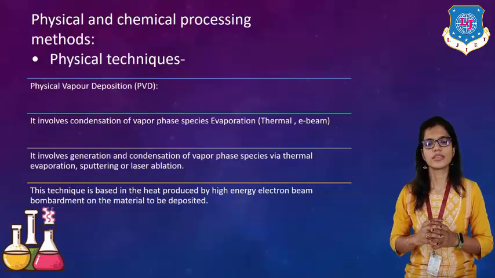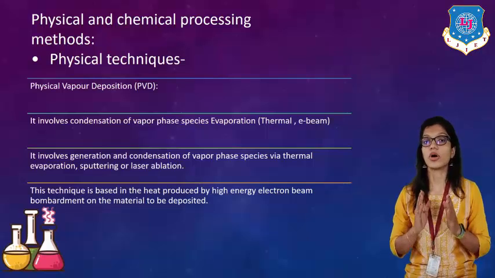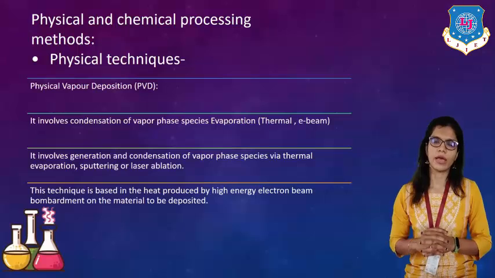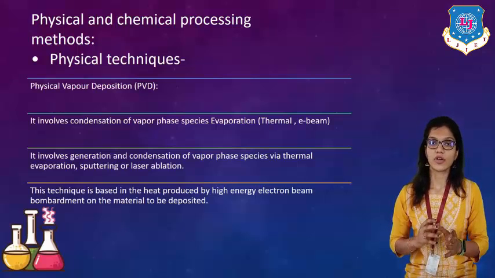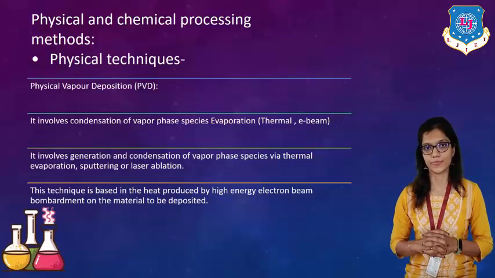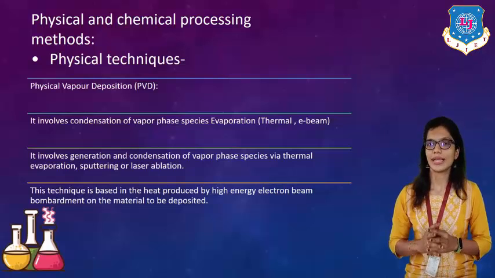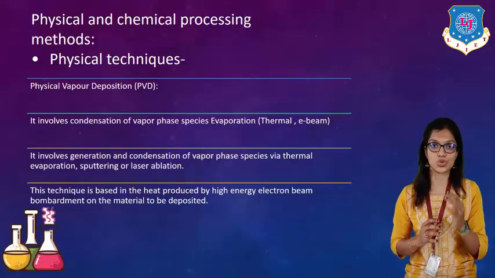It involves the generation and condensation of the vapor phase species via thermal evaporation, sputtering, or laser ablation. We can use an electron beam, we can use certain kinds of thermal sources, or we can use laser ablation. It depends on the technique you want to use, and that depends upon the sources.